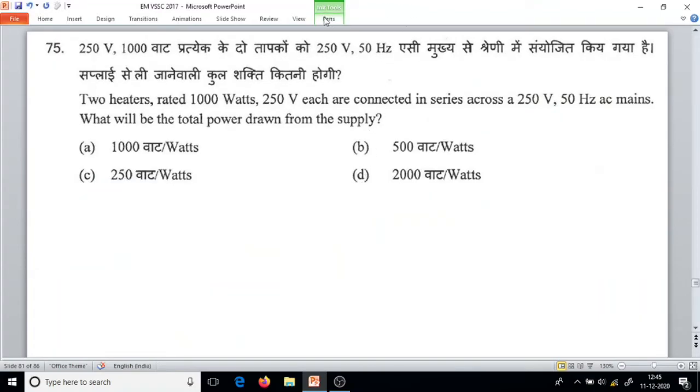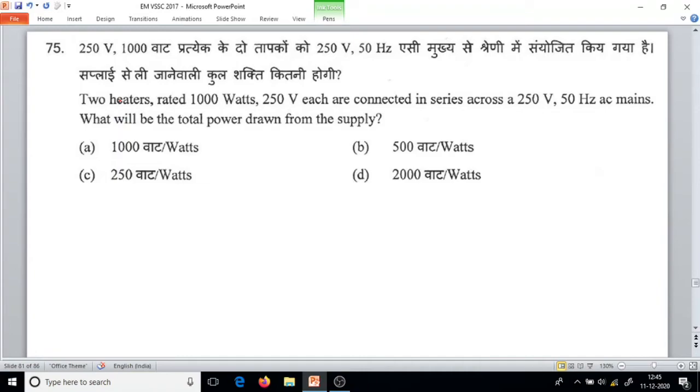Question number 75. Two heaters rated 1000 watts, 250 volt each are connected in series across a 250 volt 50 hertz AC mains.